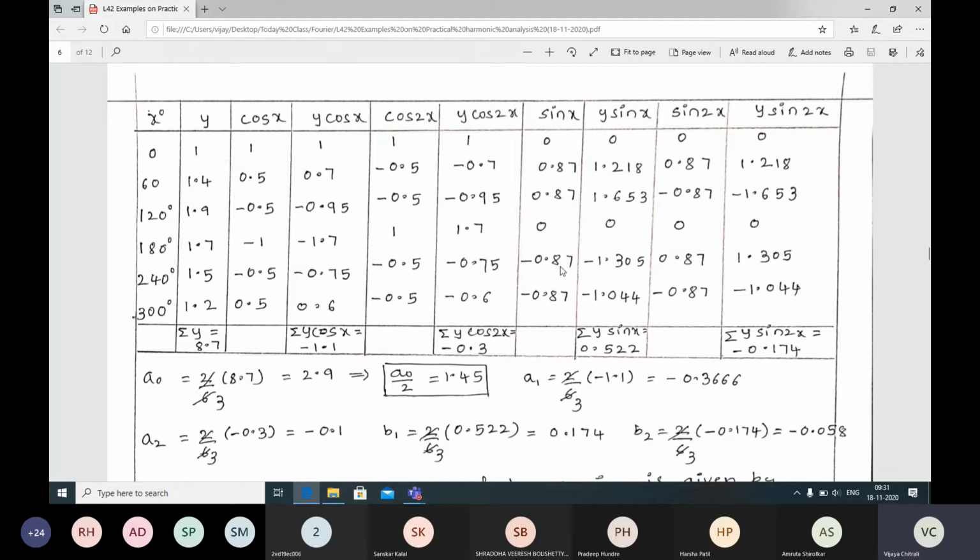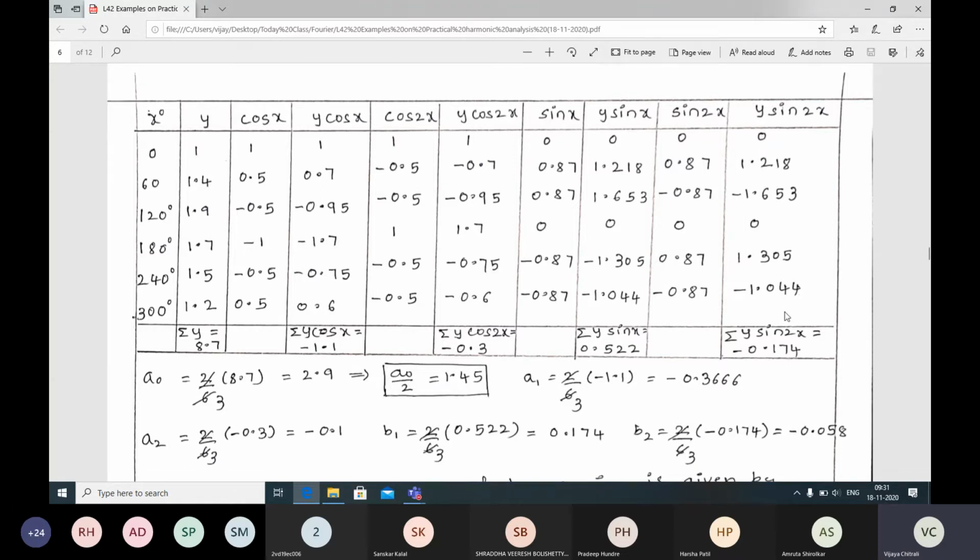So we have the y values and sine 2x values. So y sine 2x values are 1 into 0, 0. 1.4 into 0.87, 1.218. 1.9 into minus 0.87, minus 1.653. 1.7 into 0 is 0. 1.5 into 0.87 is 1.305. 1.2 into minus 0.87 is minus 1.044.